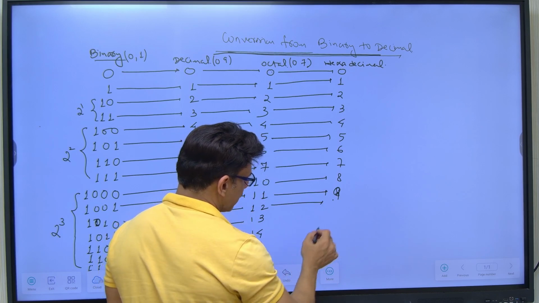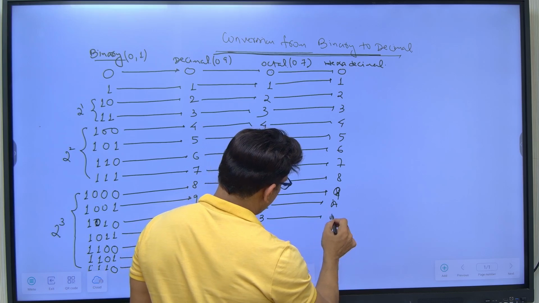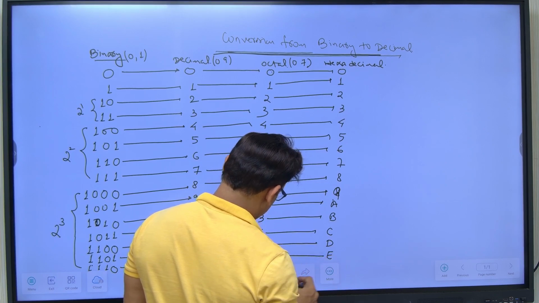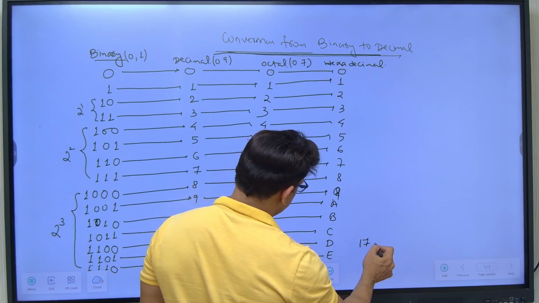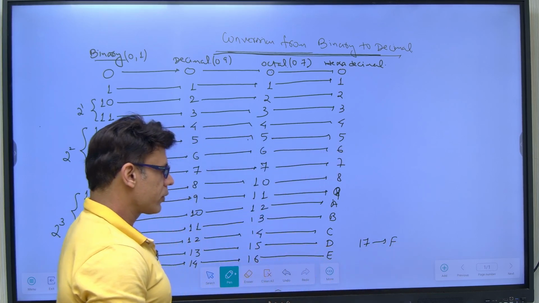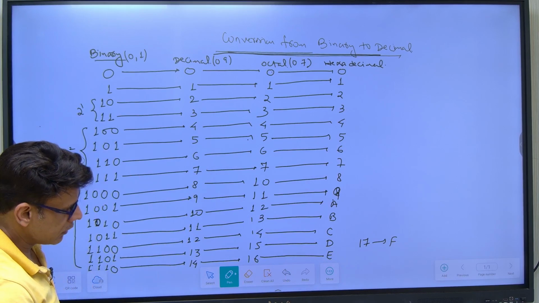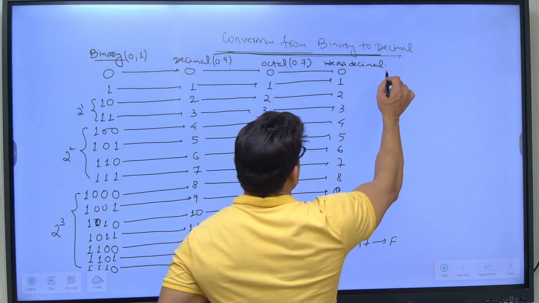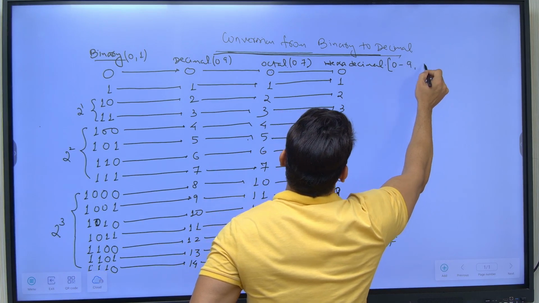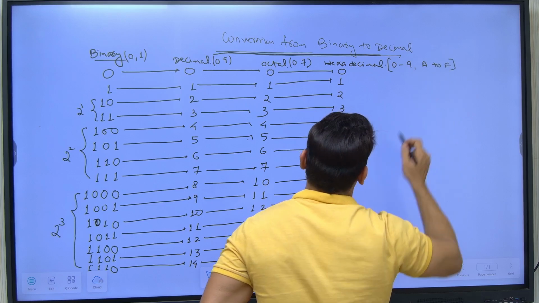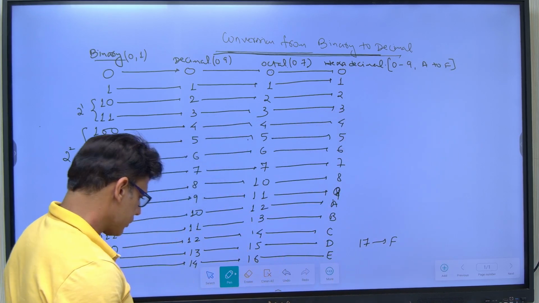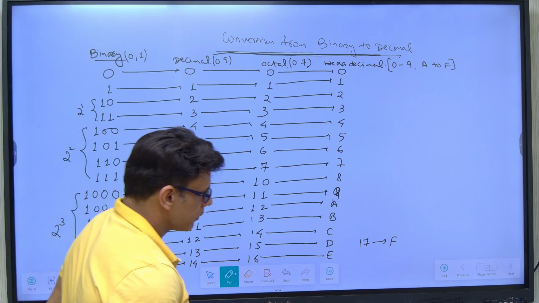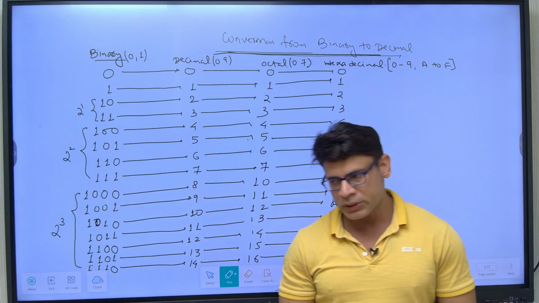Then you don't write 10, you write A, B, C, D, E, and for the next number, F. So in hexadecimal, you have 16 digits from 0 to F. Basically, you write it as 0 to 9 and then A to F. You can pause this video and make a note of it.